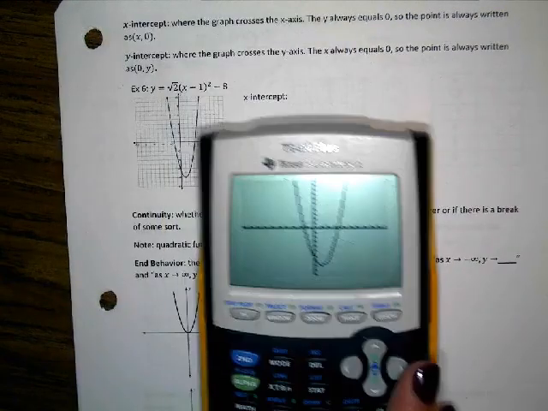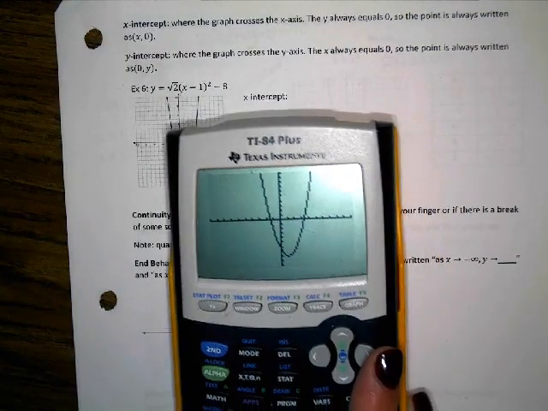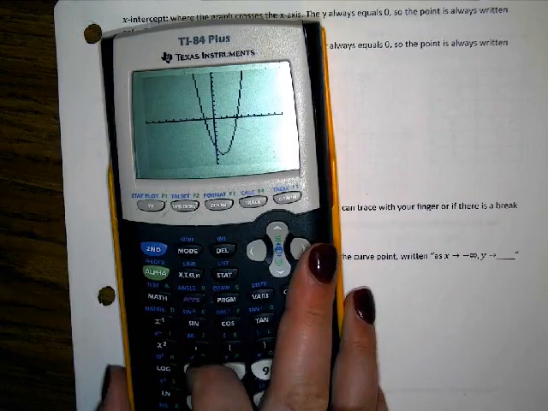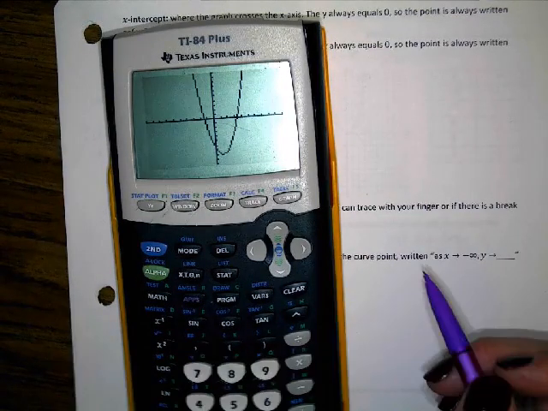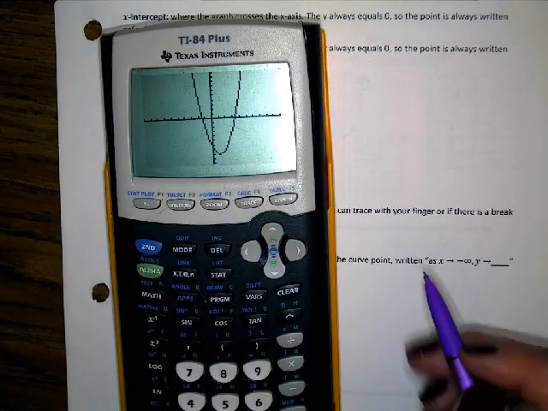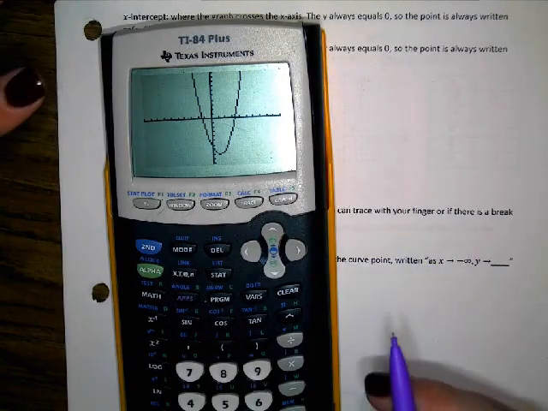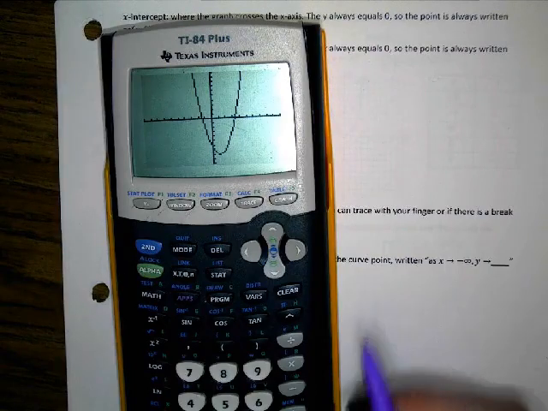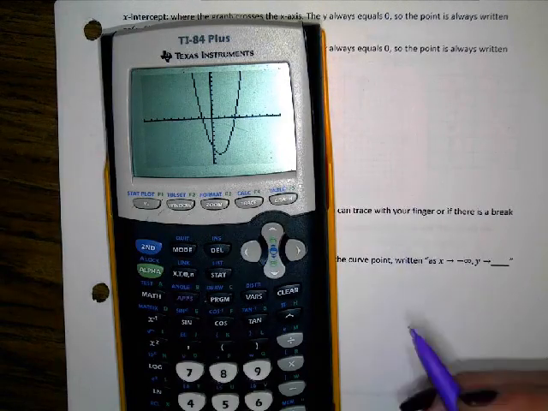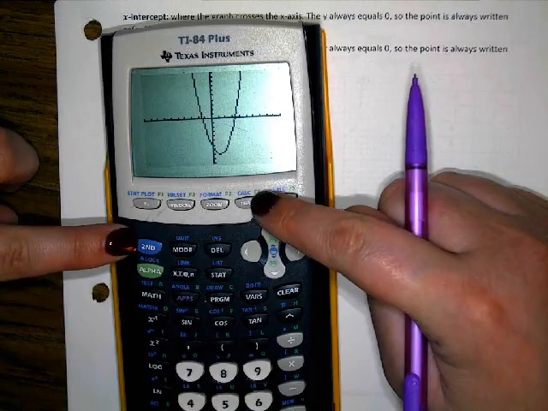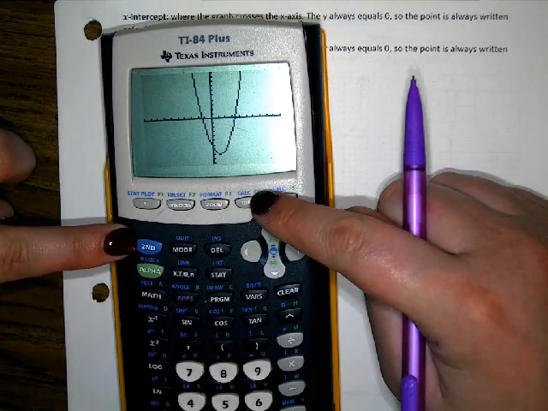Okay, everyone got it graphed? Yes? Okay. So the way that you use these calculators to calculate different things for you is this next button over here. Above it, you can see in blue it says calculate. So we're going to hit second trace. Second trace. And that brings you to a menu of different things you can calculate.